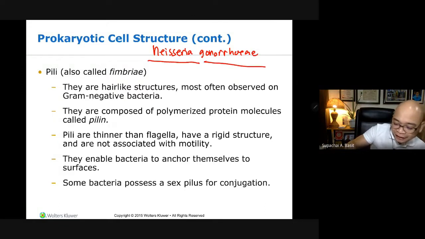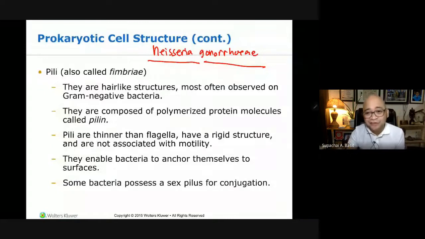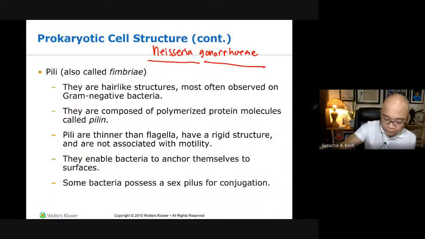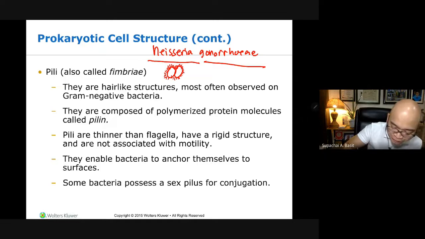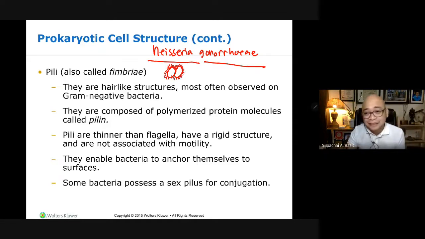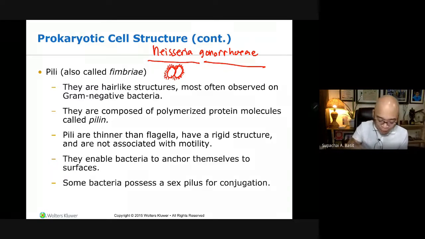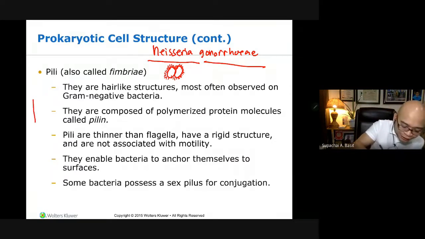Neisseria gonorrhoeae is the causative agent of gonorrhea. In structure, they are diplococci and they have fimbriae or pili. The purpose of the fimbriae and pili is to attach themselves to epithelial cells. For example, this is our urethra.